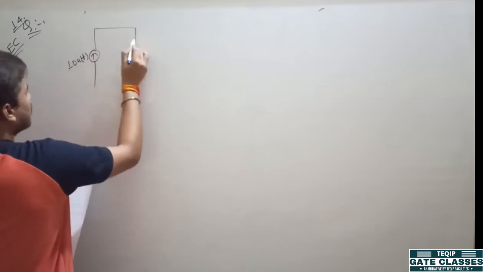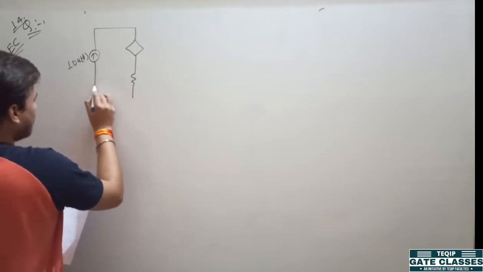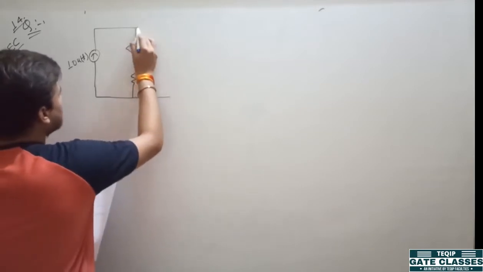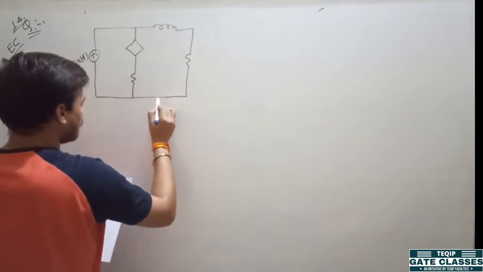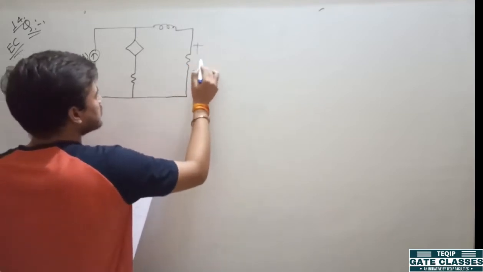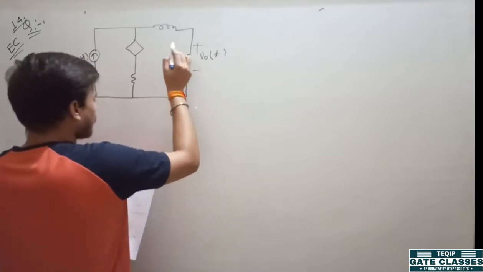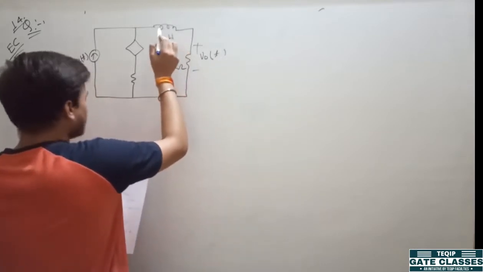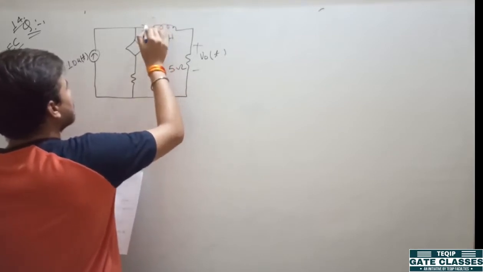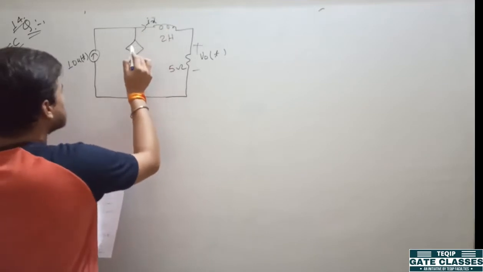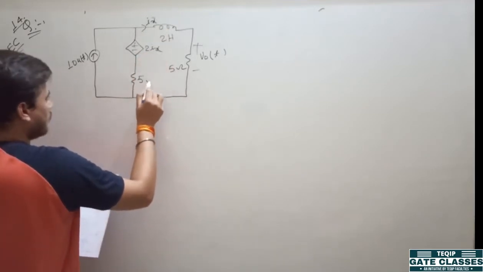Now you have a dependent source, then a resistor, and after the resistor you have an inductor, and one more resistor. Here the voltage is V0 t, 5 ohm, 2 Henry. Here it is Ix, here it is 2Ix, 5 ohm.